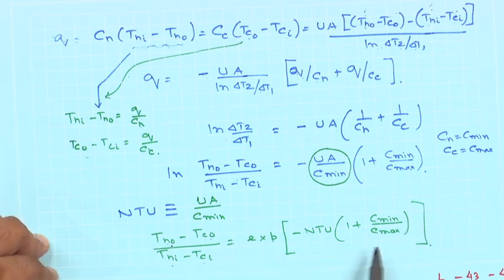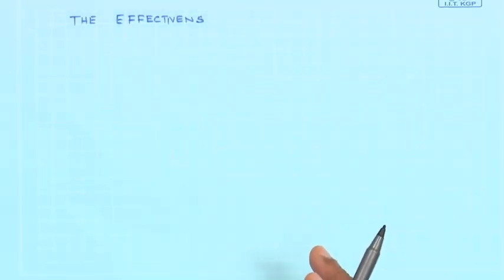But this expression still contains the outlet temperatures. We cannot deal with outlet temperatures since they are unknown to us, and the whole point of doing the NTU epsilon analysis is to get rid of the outlet temperatures in the final expression, such that we can use that.